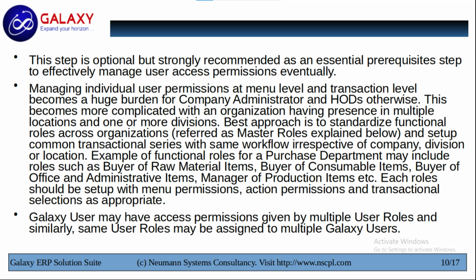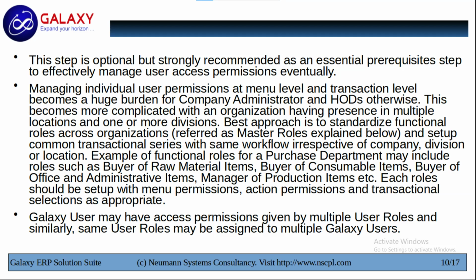This step is optional but strongly recommended as an essential prerequisite to effectively manage user access permissions eventually. Managing individual user permissions at menu level and transaction level becomes a huge burden for the company administrator and holds otherwise. This becomes more complicated with an organization having presence in multiple locations and one or more divisions.